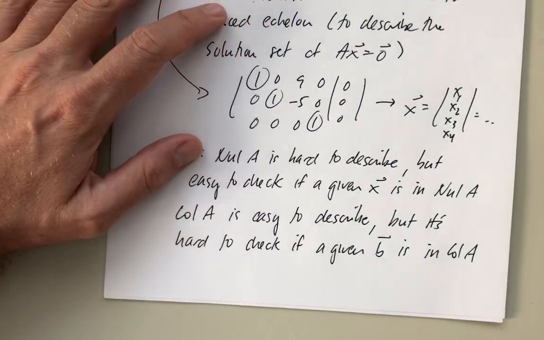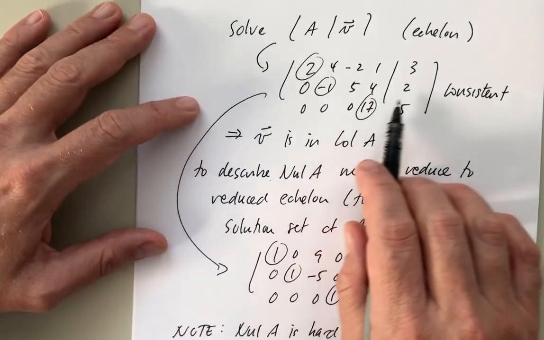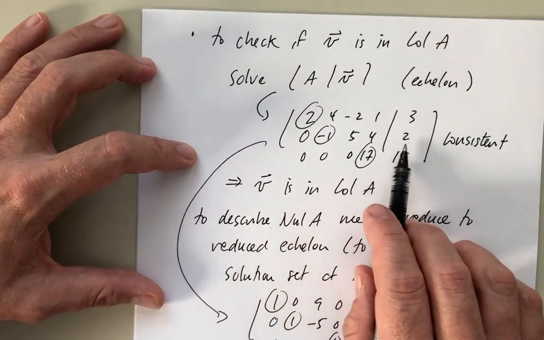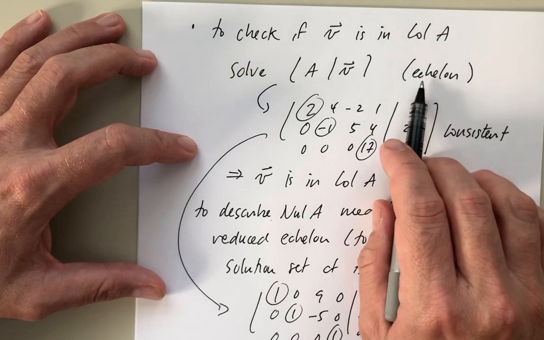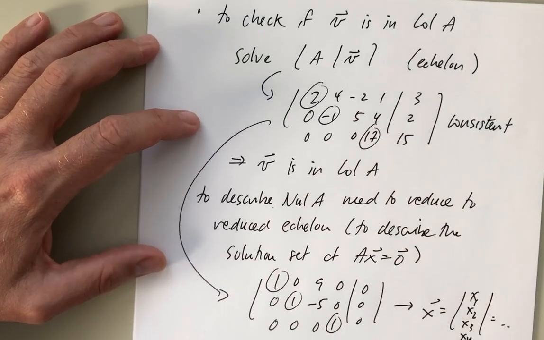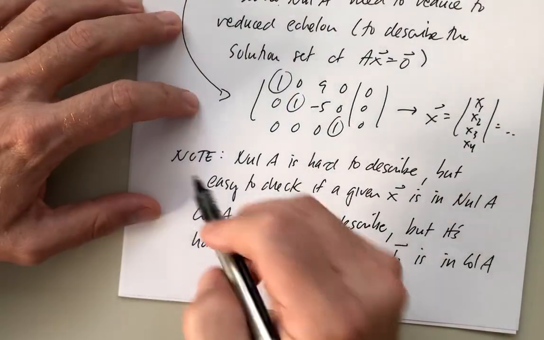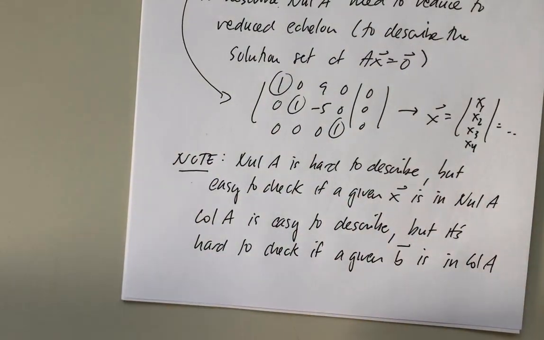And to actually check if something was in there, I had to row reduce. So here's where we checked if v was in the column space. I had to actually go and row reduce. I only had to go to echelon, which was nice, but I still had to do something. So that's how the null space and column space compare and contrast.